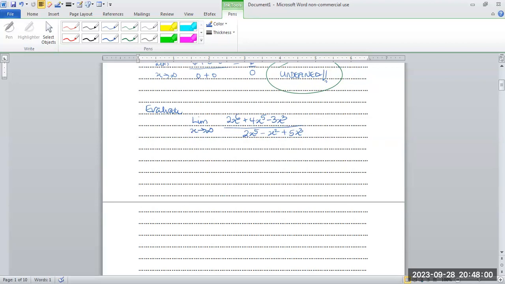So the highest power there is going to be x to the 6th.